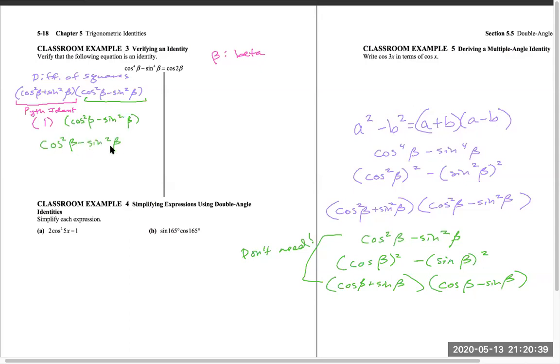This is what cosine 2 beta is equivalent to. Okay, so that would actually be enough to stop right there. Another option, if I didn't want to write this part in, I could have just said, oh yeah, I know that this is cosine 2 beta, and I showed left side equals right side.